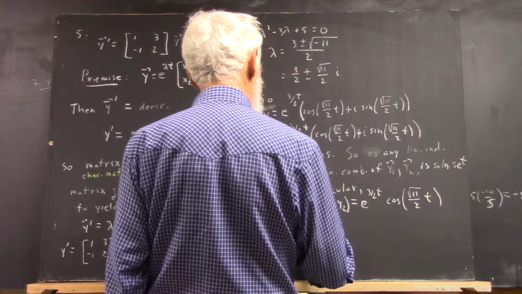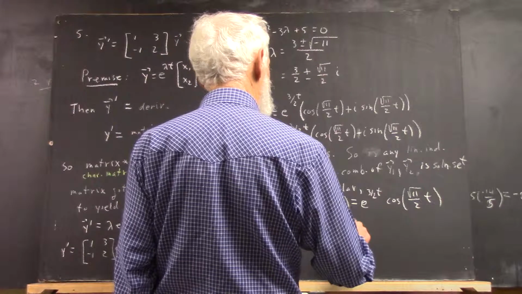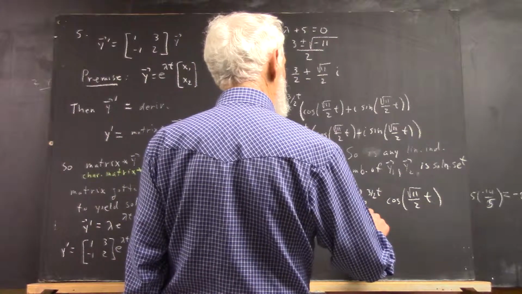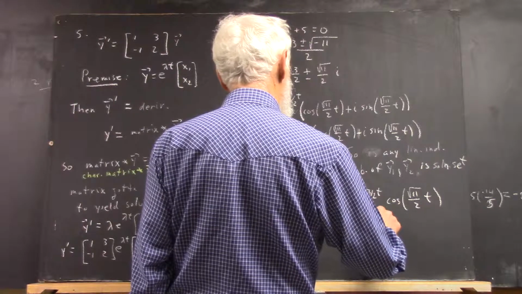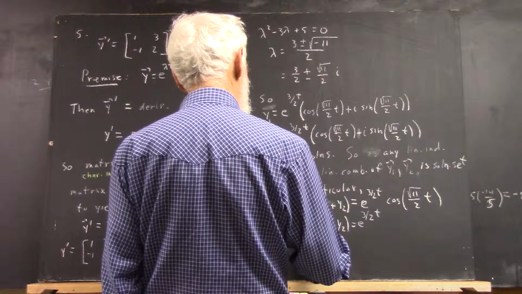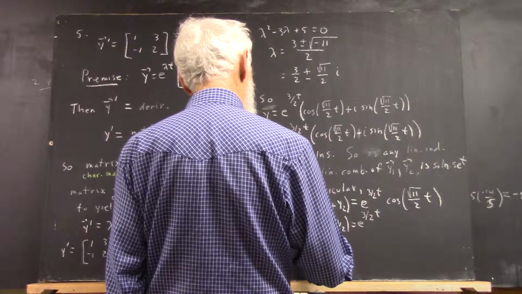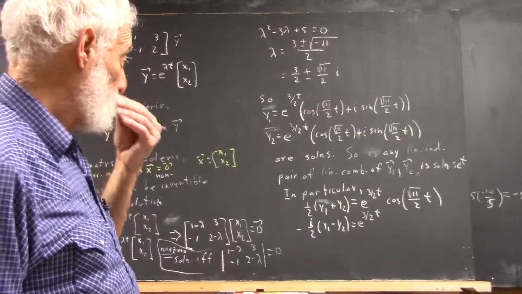And 1/2 of y1 minus y2 is e to the 3/2 t, and I don't want 1/2, actually I want negative i over 2, because I want a real solution, okay?